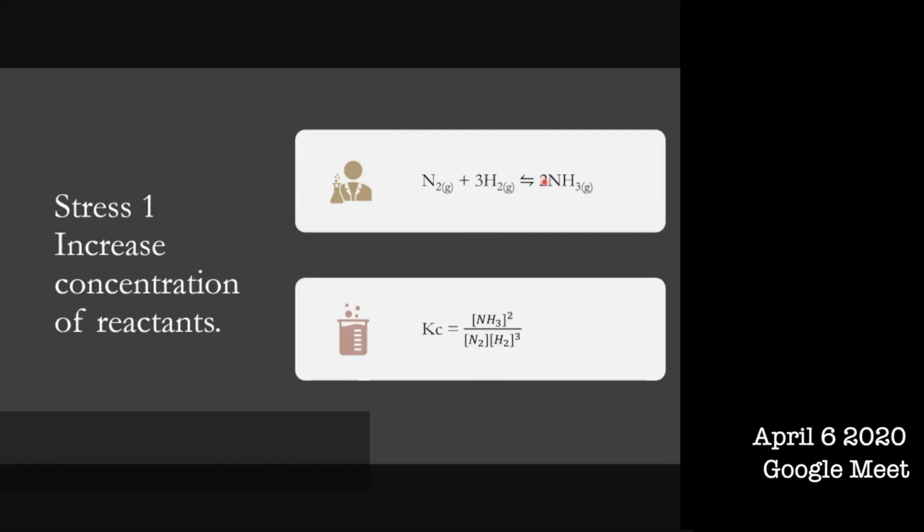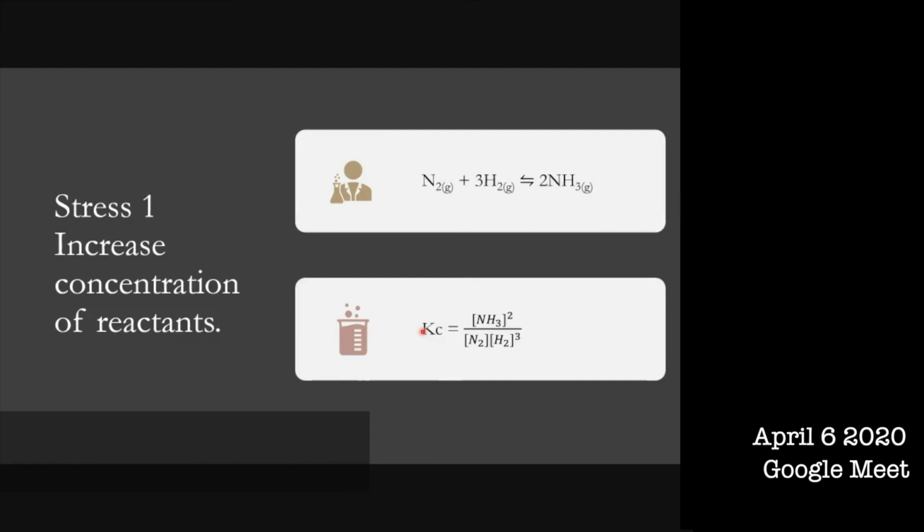If you write this expression and substitute the values of the molar concentrations of ammonia, nitrogen, and hydrogen, it will show a constant value. We say the equilibrium constant has a particular number. Into that system, we add more of the reactants. So what we are really doing is making the denominator larger. When you make the denominator larger, the numerical value is going to be altered, which means the value of Kc is going to go down. Or it's no more Kc, it's going to be the concentration quotient. We'll be seeing it later.